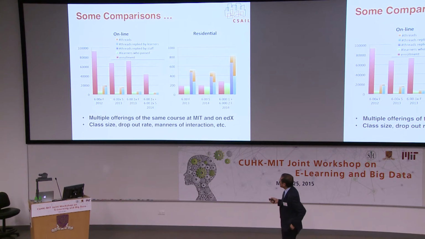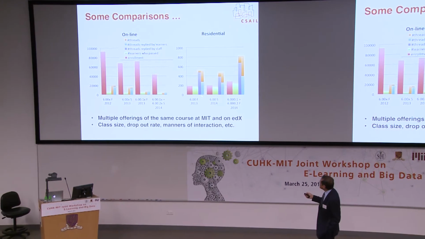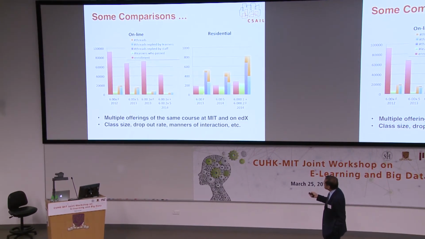Then you will see that of these threads, the orange one that you have, how many of those were answered by the teaching staff, and how many of those were answered by your peers, your students, okay? On campus, you see, by far, a lot more questions were answered by the teaching staff, the purple.